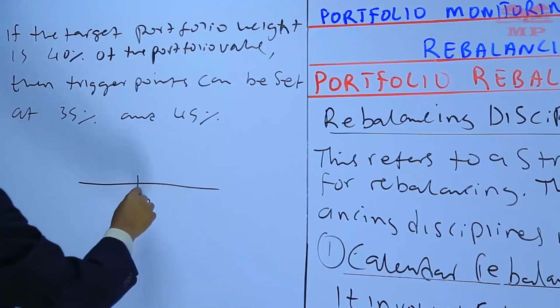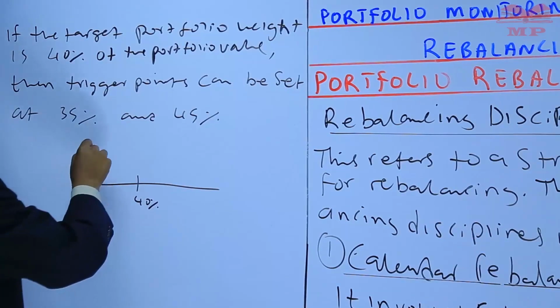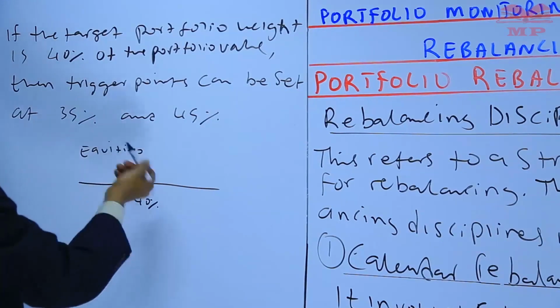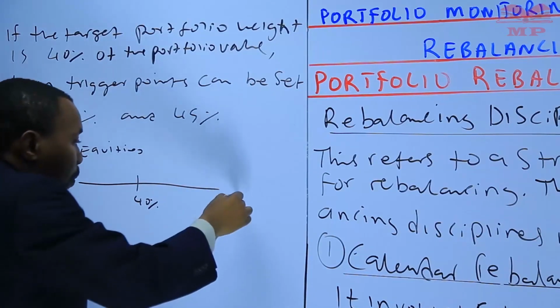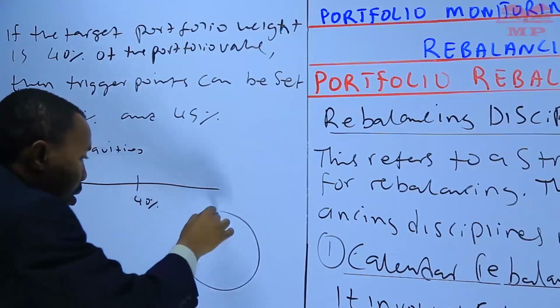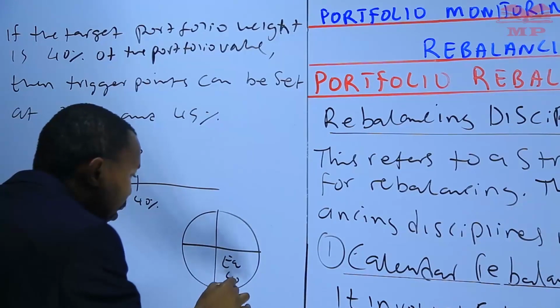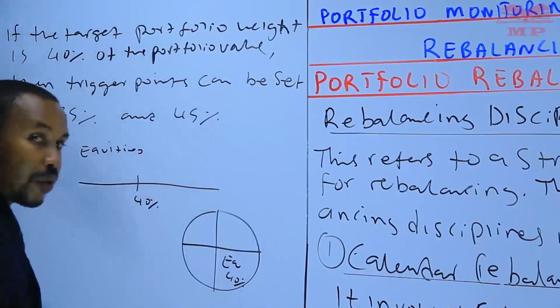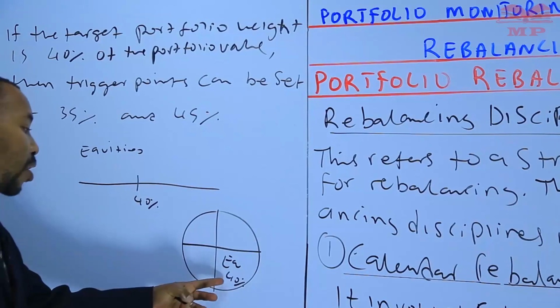This is 40, the required allocation, say for equities or for fixed income, whichever. Meaning that in our portfolio, our allocation for equities should be 40% of the overall value. So if it's 1 million, 400,000 should actually be allocated to equities.